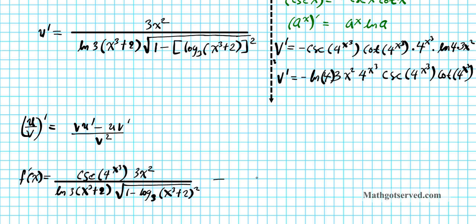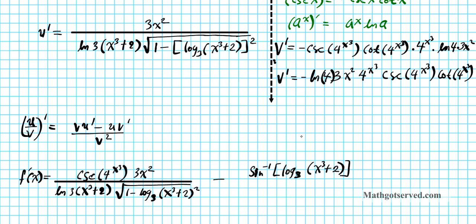So u is the inverse sine of log base 3 of x to the third plus 2. Okay, so that's v, and that's u, and then v prime is this entire expression right here.